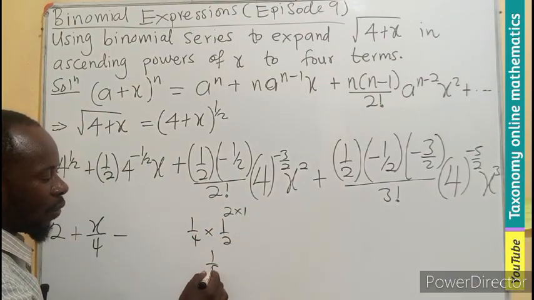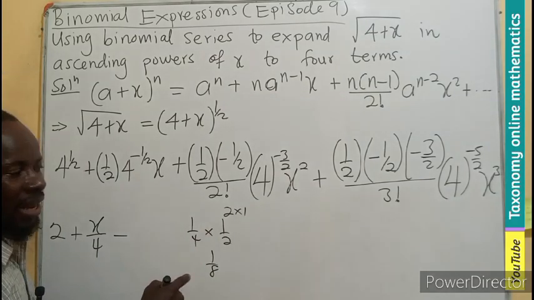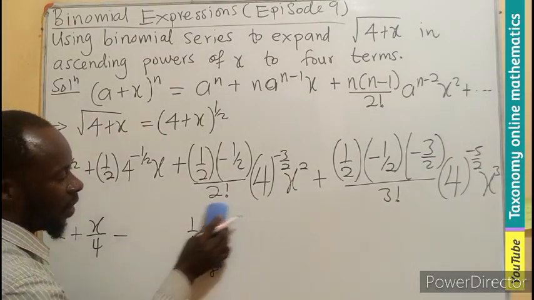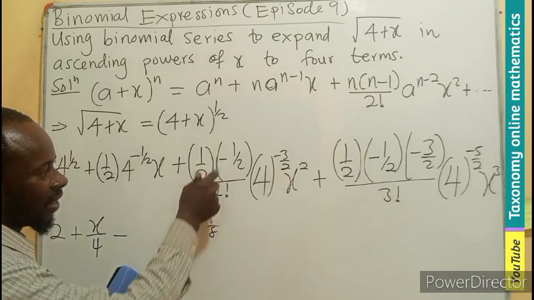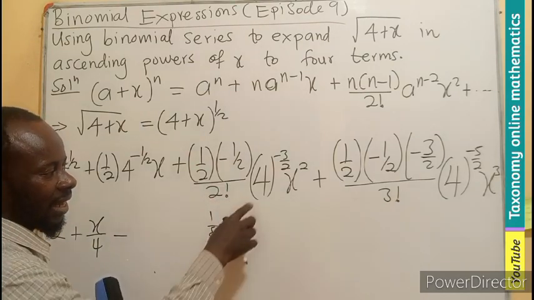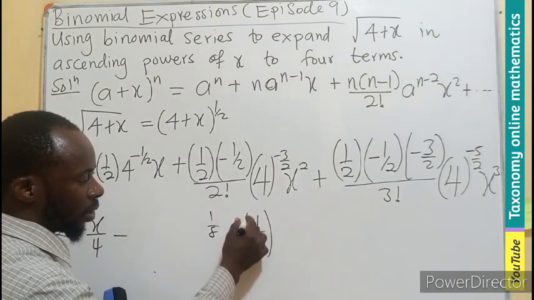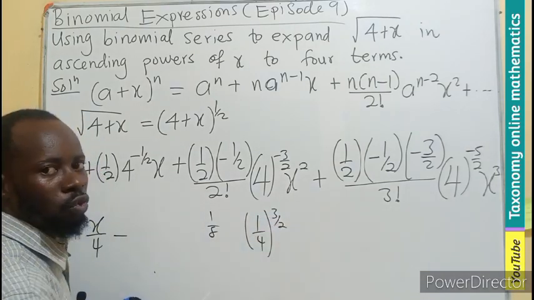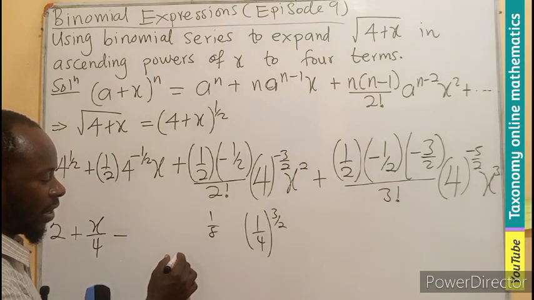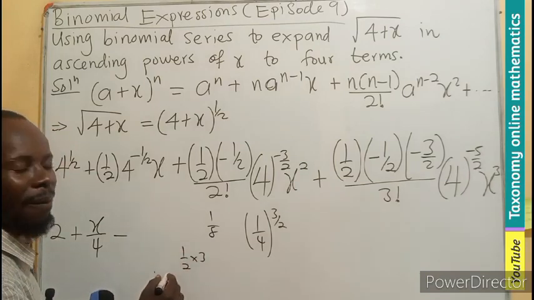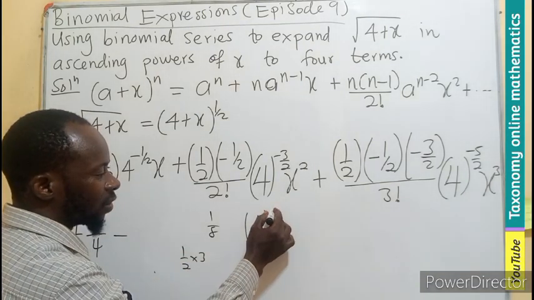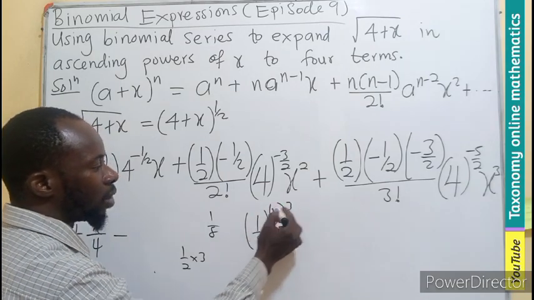That gives you 1 over 8, multiplying numerators together, denominators together. So this is 1 over 8 in the coefficient. Then this is also having a negative, so 1 over 4, reciprocate the base, to the 3 on 2. We know 3 on 2 is the same as 1 on 2 times 3, so I can write this as 1 on 2, then multiply by 3.